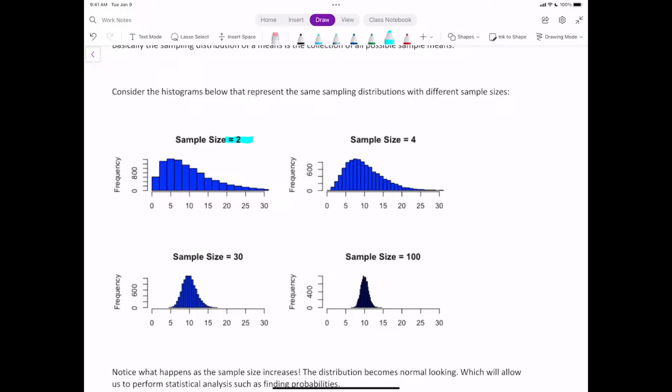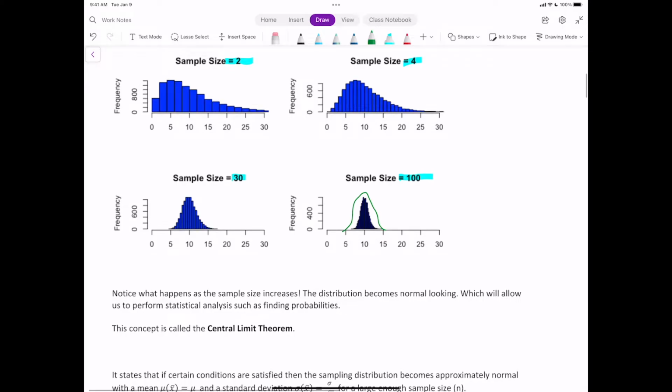But as the sample size increases, from 2 to 4 to 30 to 100, we have a clear normal distribution. And we also notice that the variability becomes smaller. The normal curve itself becomes skinnier or tighter. So that's exactly what the central limit theorem is. It says as the sample size increases, the sampling distribution becomes normal.